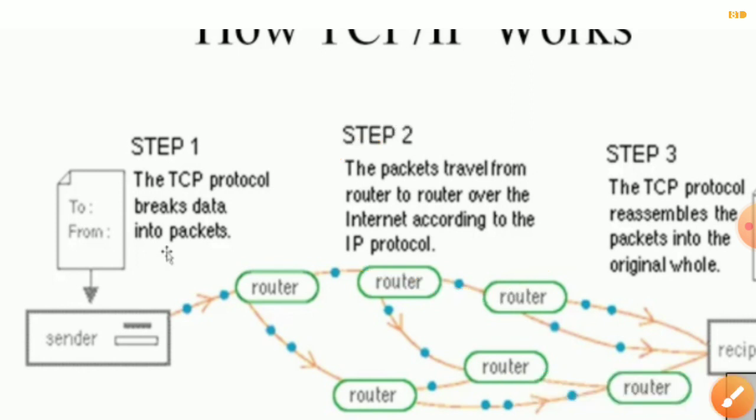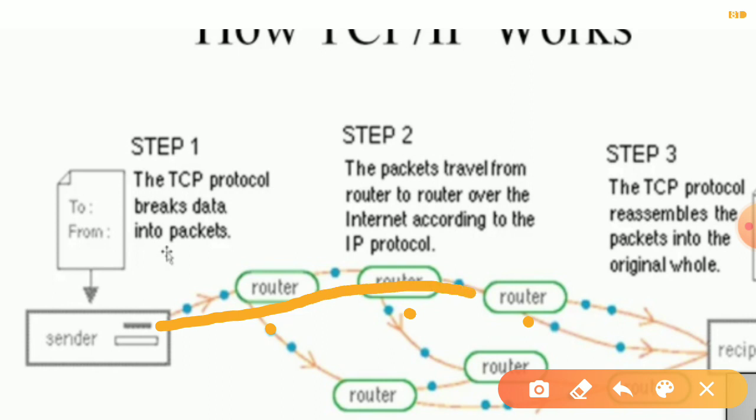Here one router is there, here one router is there, and here one router is there. So it is traveling across all the routers over the internet according to the Internet Protocol.